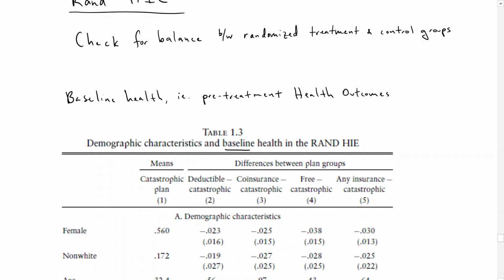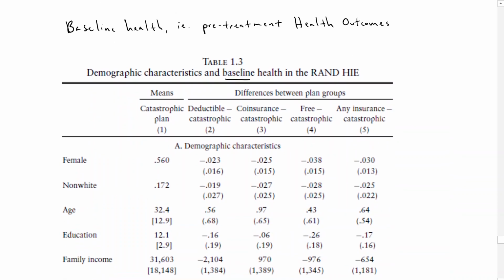Here we're just looking at the groups. Remember, we had 5 plans here: the catastrophic plan, which was essentially equivalent to no health insurance, all the way up to free. Actually there were 4 plans. This last one is any insurance, so that would incorporate any of the 3 middle ones.